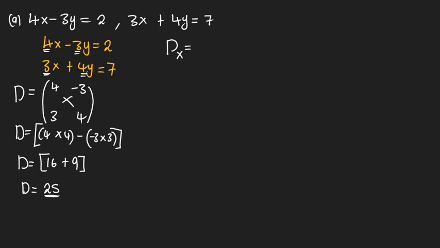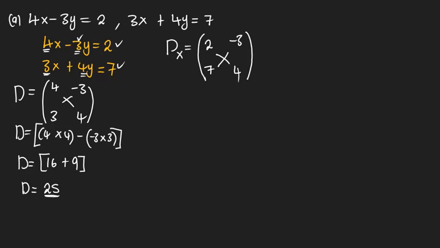In other words, you use the y values. So you open the brackets. Because we are using Dx, we do the opposite, right? So for Dx we are using the y values. You get your -3, you also get your 4. Then these values, you put them where x is. So this is going to be 2, and this is going to be 7.